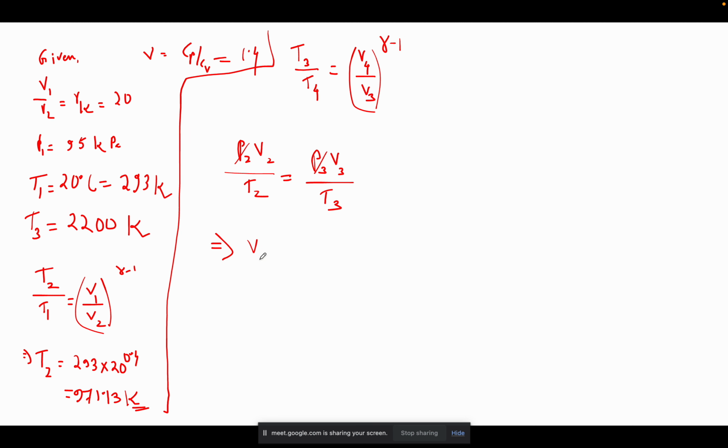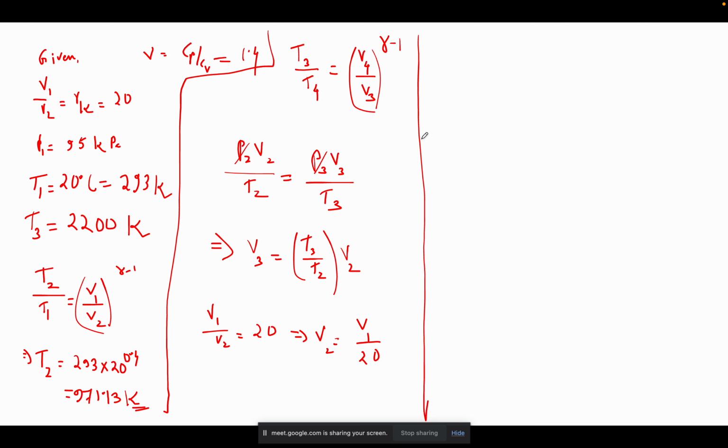So from here V3 is nothing but T3 by T2 into V2. Now how will you know V2? V1 by V2 is equal to 20, so V2 is nothing but V1 divided by 20.